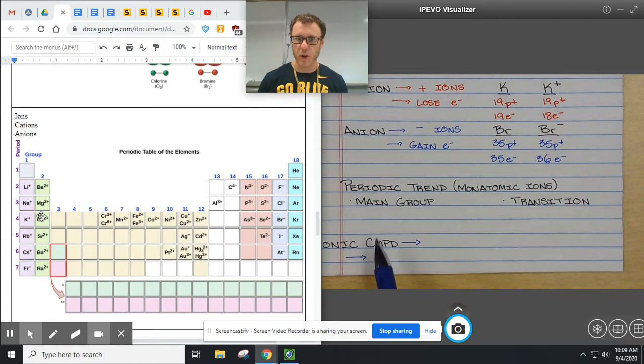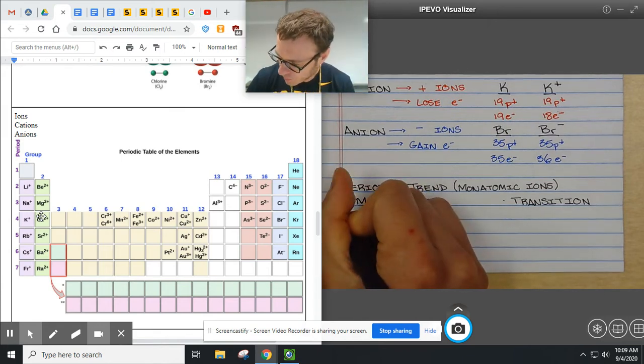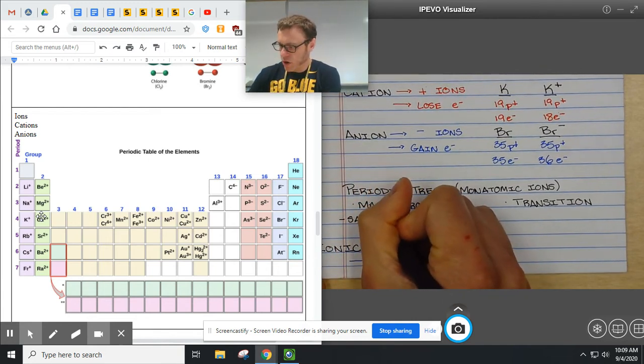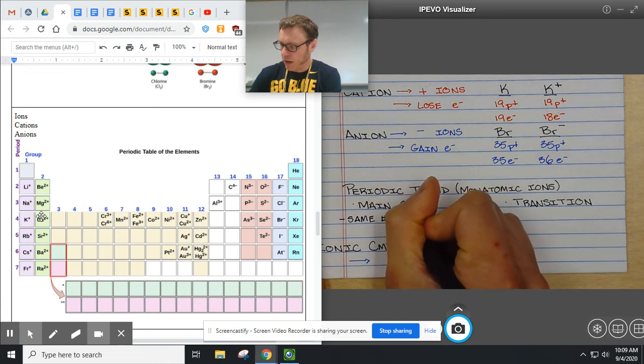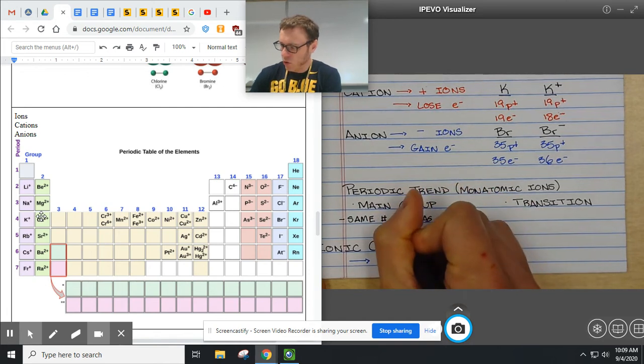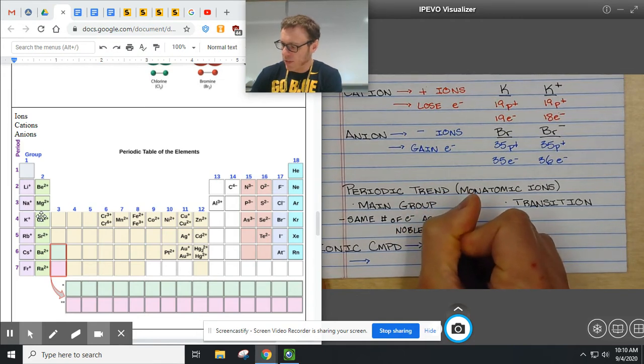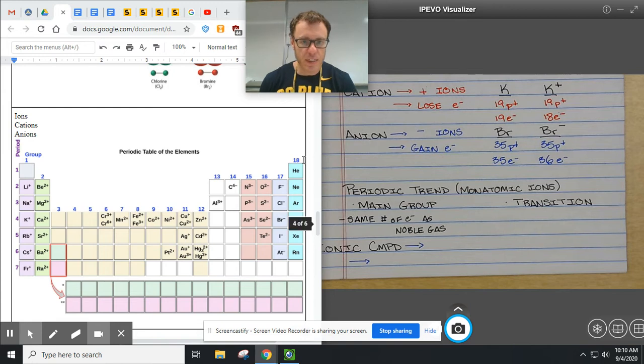And with our main group elements, you're going to have to get used to doing this. Main group elements want the same number of electrons as a noble gas. That's what they're trying to do. And you can see in this chart here, sulfur is -2. It gained 2 electrons to be like argon, to have the same number. Fluorine is -1 like neon.